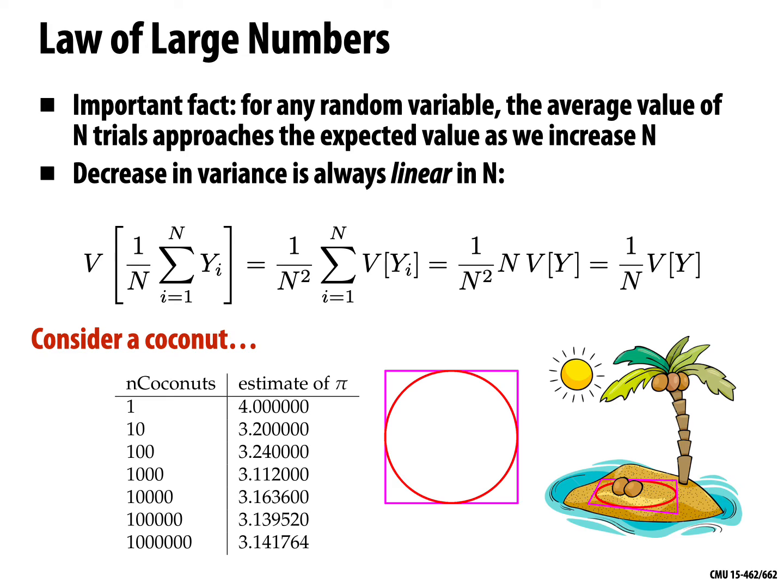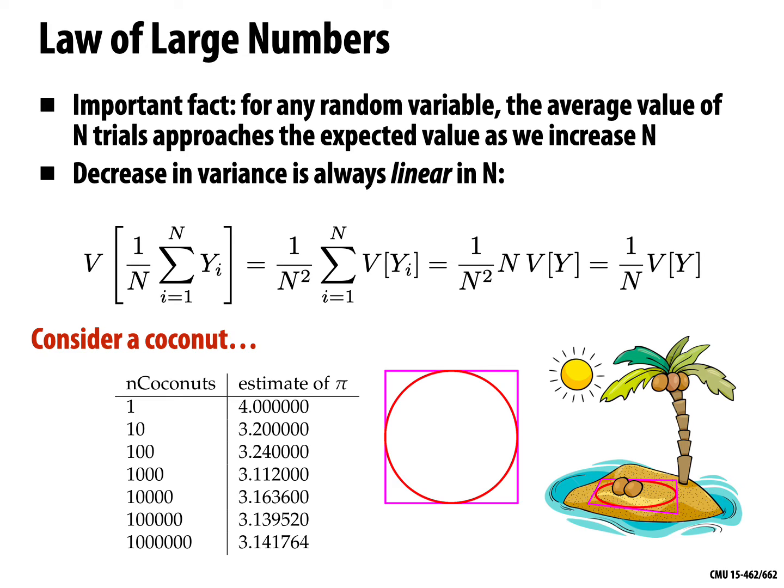Well, you climb up into the tree, you grab a coconut, and you drop it down into the sand. And in the sand, you've drawn this little figure. You've drawn a circle, unit circle, and a square that goes around that circle. And what you're going to do is count what fraction of the coconuts that land in the square also land in the circle, right?